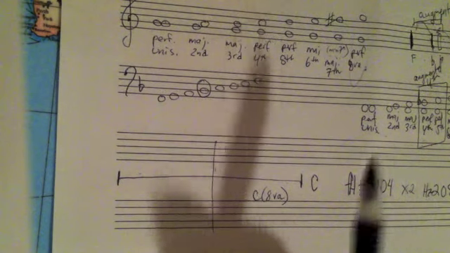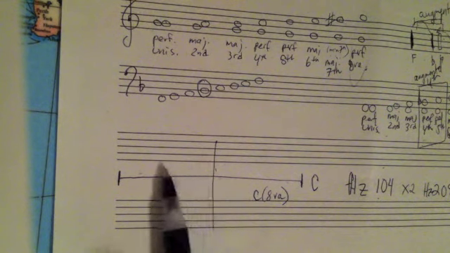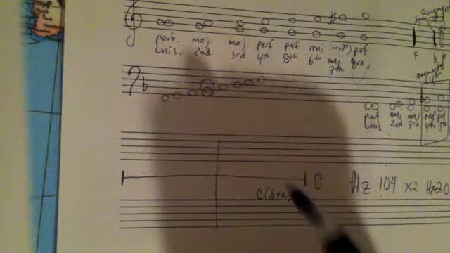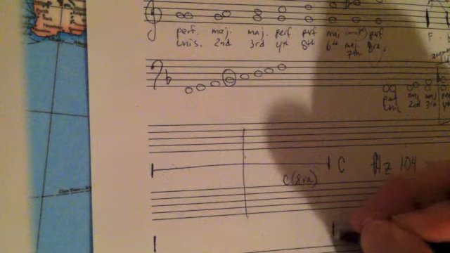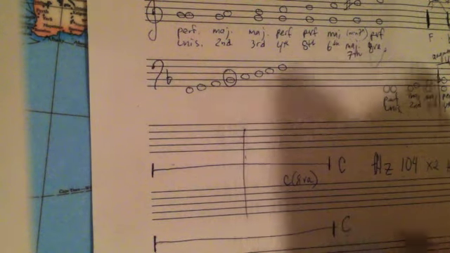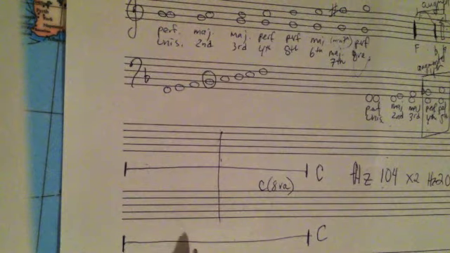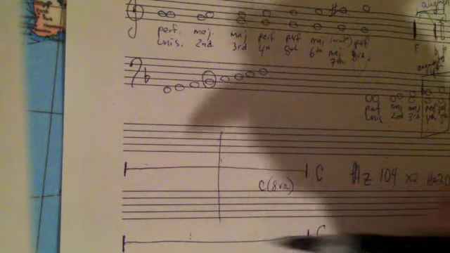Okay, so that's exactly in half. Now, let's put the string back together. Pretend like it's whole again. I'll just draw another one, and try to make it the same size. Here's our note, that's a C. Now, let's divide it into thirds.